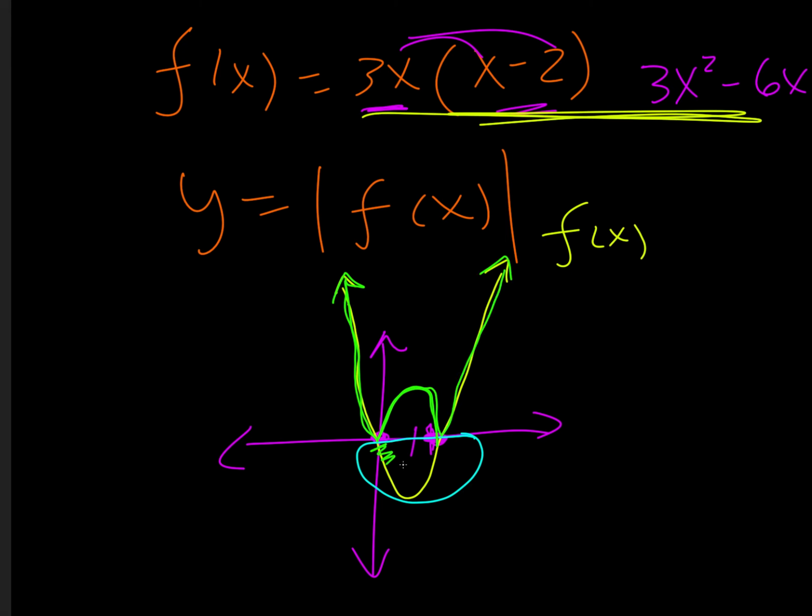And then we wouldn't have this piece. So once again, absolute value is just going to take all the negative parts and pop them up to make them positive. So a parabola, if we take the absolute value of it, any piece that goes below the x-axis will just pop up and be positive.